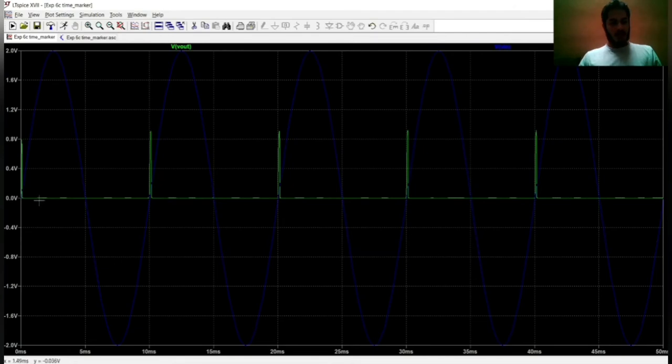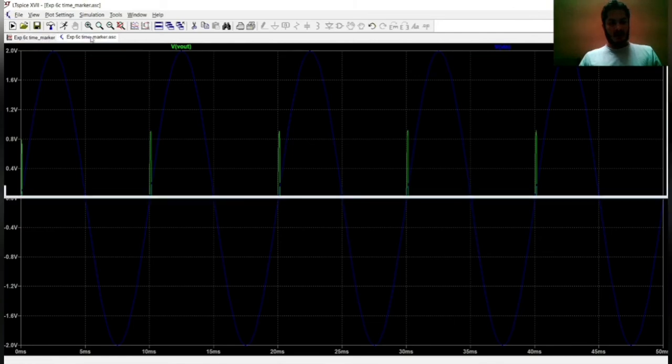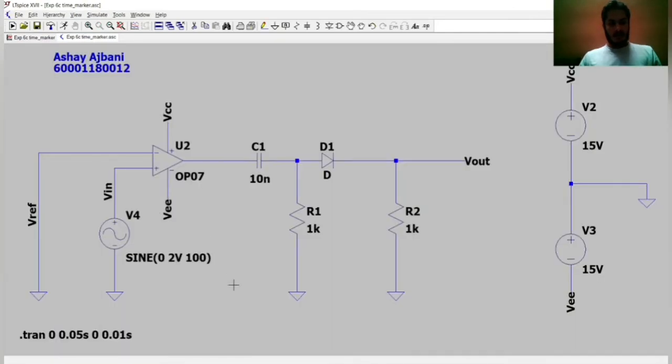The blue colored waveform is the input voltage, and the green colored one, the spikes one, is the output voltage. Here we can see that whenever there is a low to high transition, we see a spike at the zero crossing. That is, whenever 0 volts is encountered, we see a spike there, and hence it is called a time marker application. Next, we will see the sample and hold circuit.